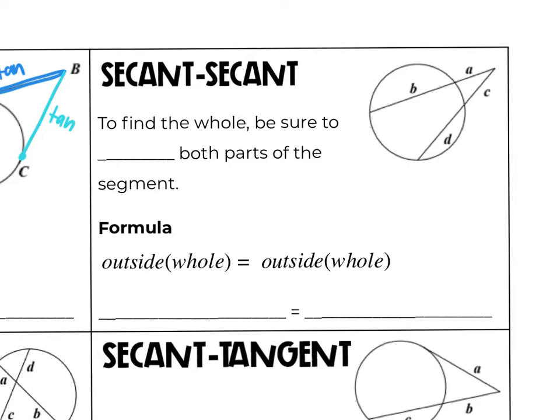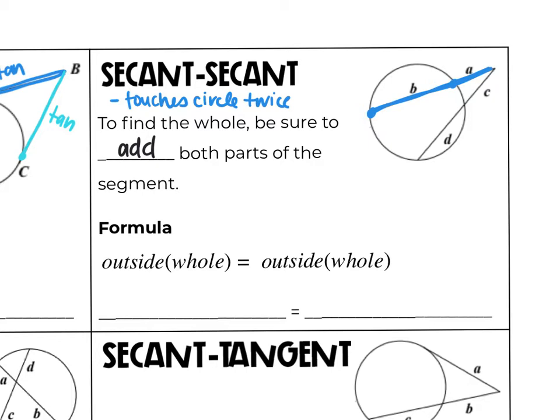All right, secant. This is going to be a secant line that touches the circle twice, or secant segment, whichever. Like this one touches here and here. One thing you really have to keep in mind here is to find the whole. The formula has whole in it, so you have to add both parts of the segment.